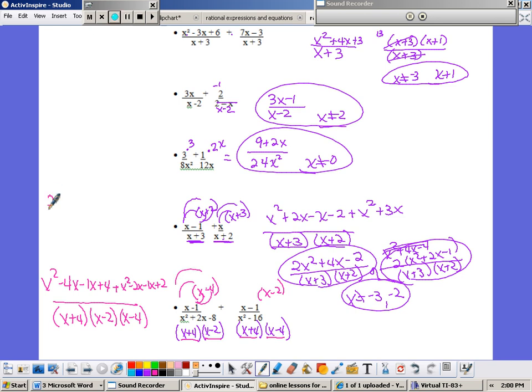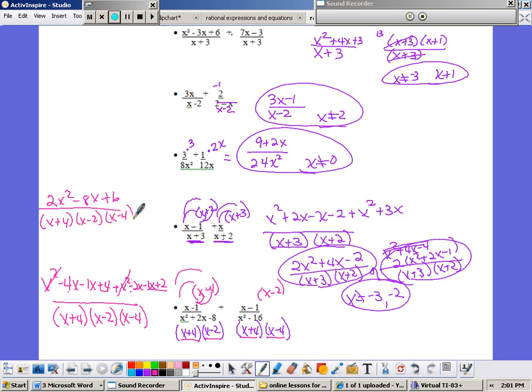Let's see, 2x squared, negative 4, negative 5, negative 6, negative 7, negative 8x plus 6, all over x plus 4, x minus 2, x minus 4.